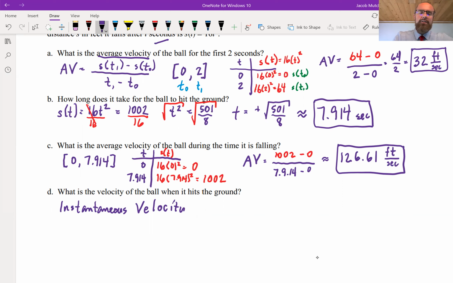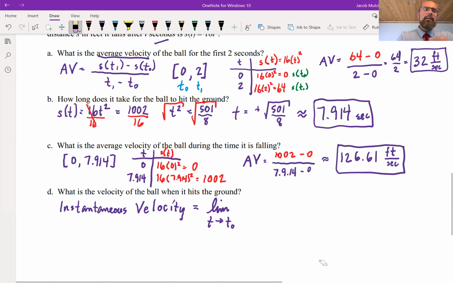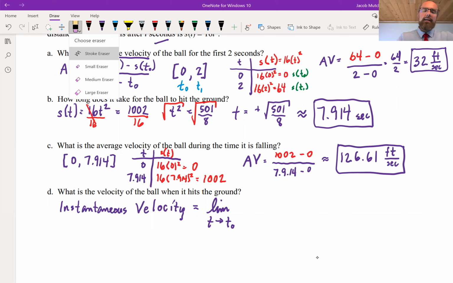Instantaneous velocity will be the limit as our time approaches the time that we're interested in. So this is going to be the time when it hits the ground. So what I'm going to do, I'm going to substitute in right away that value. Now we again found that in part B there. So what I'm going to put for that time is, as time approaches 7.914.